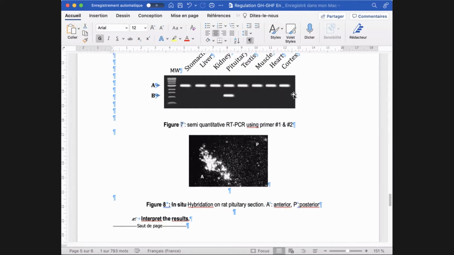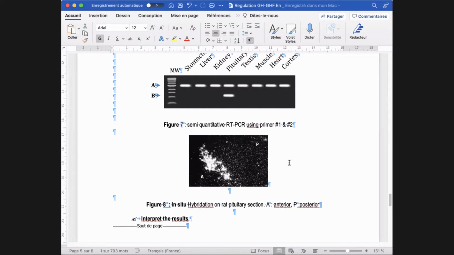Okay, perfect. And from figure 8, I can deduce that the expression of this gene is located in the anterior part of this gland. Exactly, you're perfectly right.